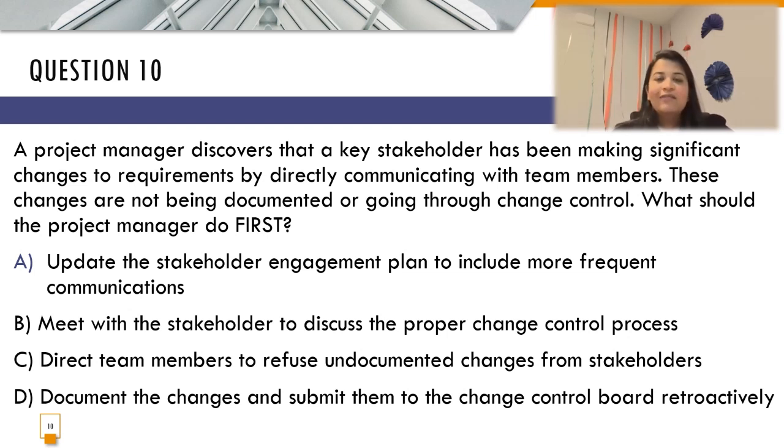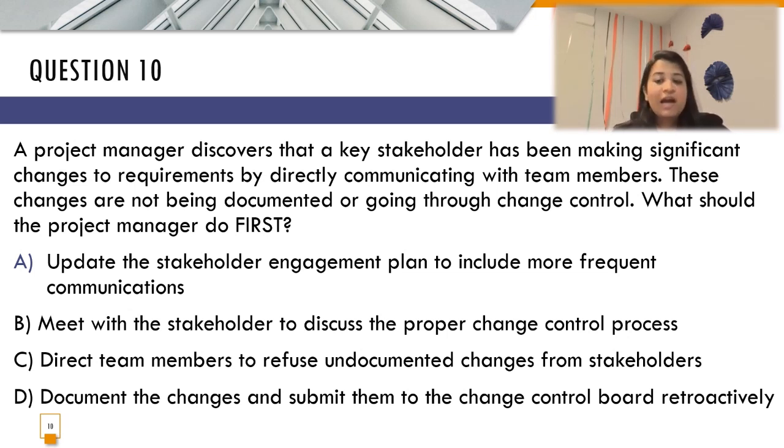The formal process is that if there is a change, apart from what has been documented already in the project documentation, if there are requirements coming from the stakeholder, it should go through a proper, formal change control process. So if the stakeholder does not know that, it is the duty of a project manager to first educate the stakeholder about the change control process or how it should be done officially.